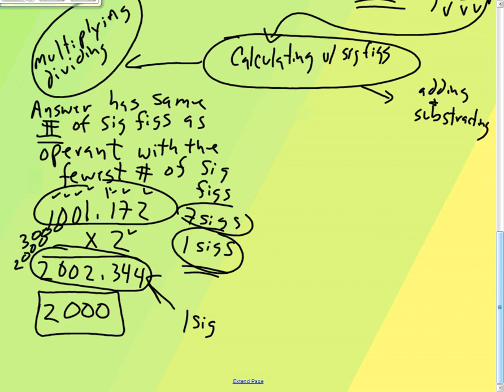Okay? Now, just a rule of thumb, for rounding, I'll write rounding here, right? Rounding. If the number I'm rounding is 5, we will round up to the next higher. If my number is 4, we round down. So let's say I have 2500, and I have to round that to 1 sig fig.